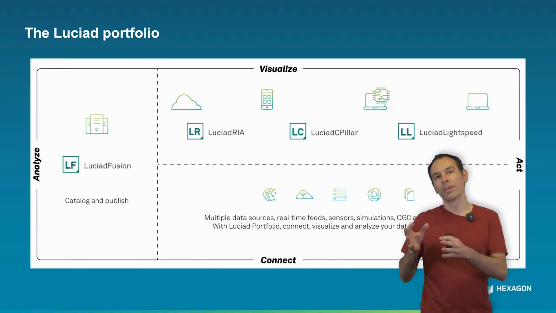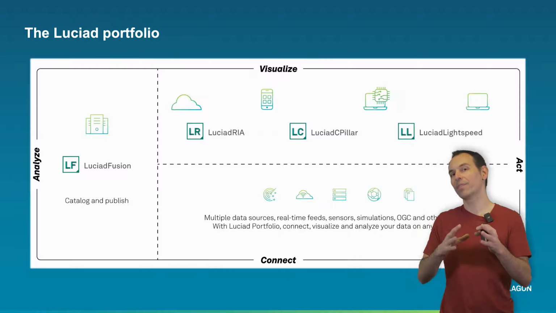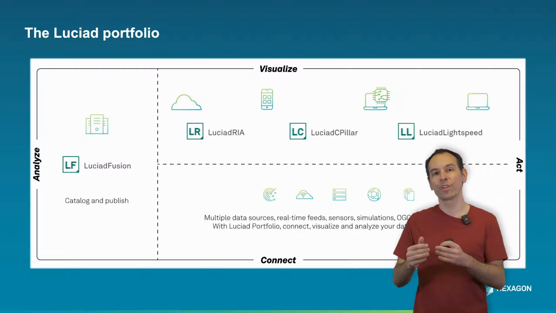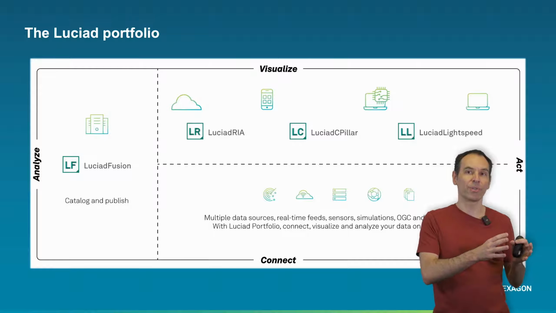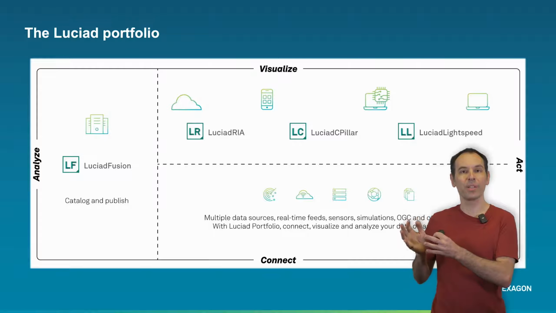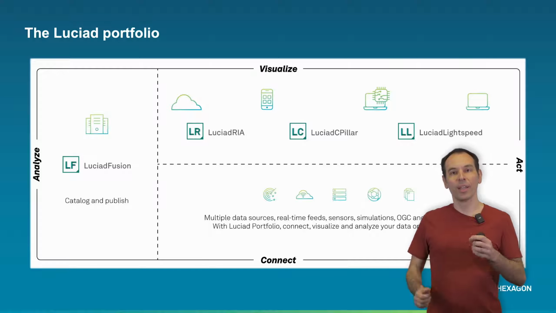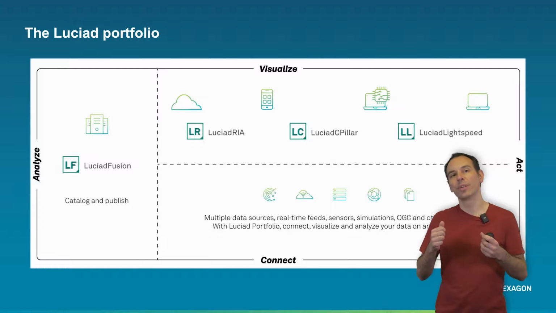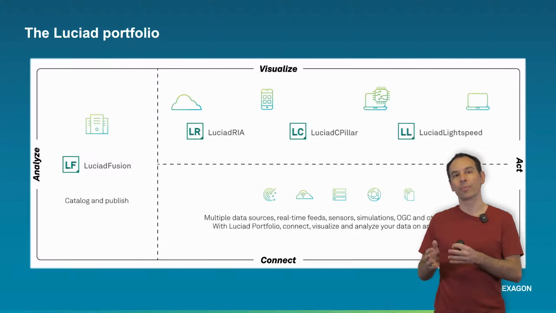On the right, there's our 3 client SDKs for visualization and analysis, each delivering the best developer experience and user experience for their target platforms. Luciad RIA focuses on web applications, and Luciad Lightspeed targets high-demanding desktop apps in Java. In the middle, there's Luciad cPillar, meant for desktop apps developed in C++ or C#.